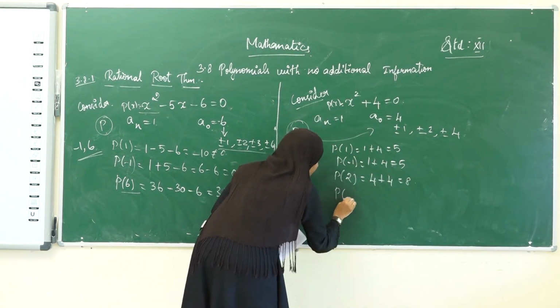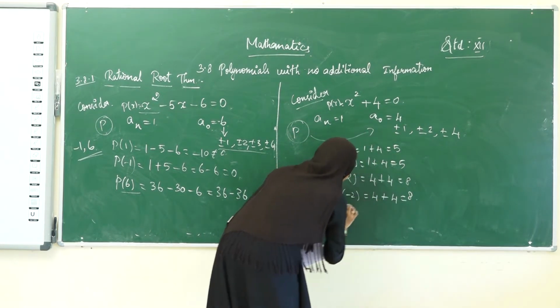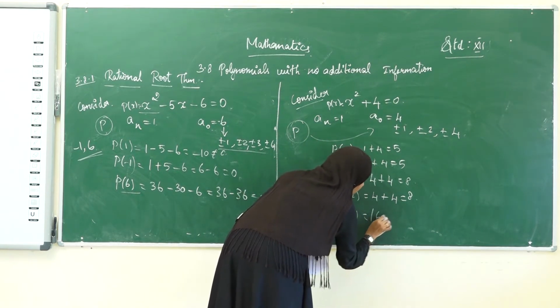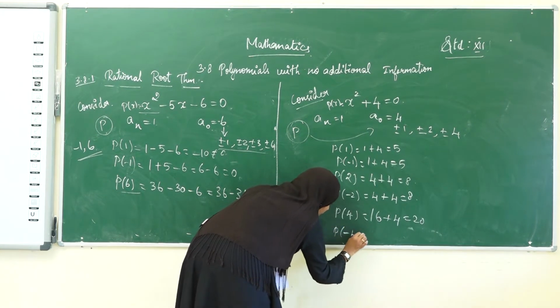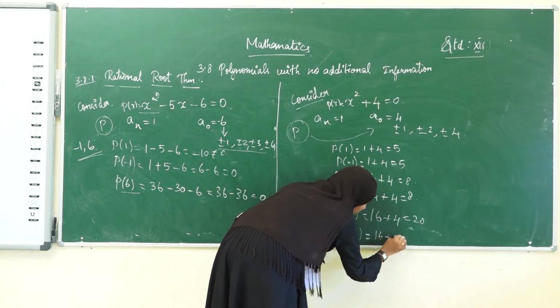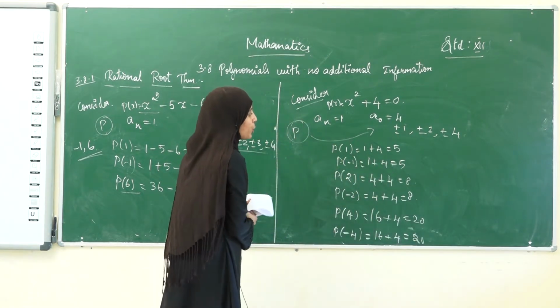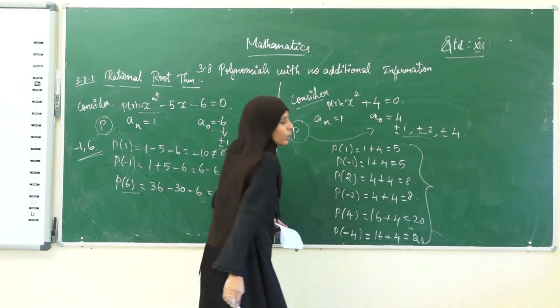Again, p of minus 2 also becomes 4 plus 4, which is equal to 8. p of 4 is 16 plus 4, which is equal to 20, and p of minus 4 will also become 16 plus 4 equal to 20. See, in this case we have substituted all the 6 terms, but we don't get the answer, right?